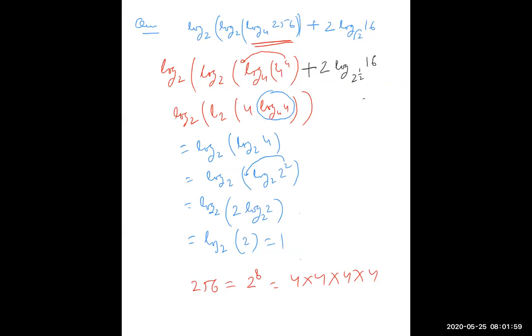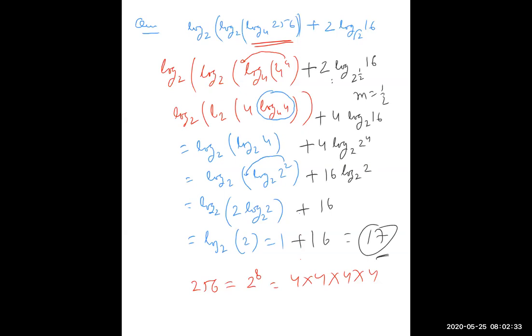What is the power in the base? m is equal to half. Yes, correct. So the logarithm becomes the reciprocal, 1 upon m, which means 2. So this will be plus 4 log 2 of 2 raised to power 4, so this is 4 times 4 times log 2 of 2, which is 16. So plus 16 gives 17 as the correct answer. Very good.